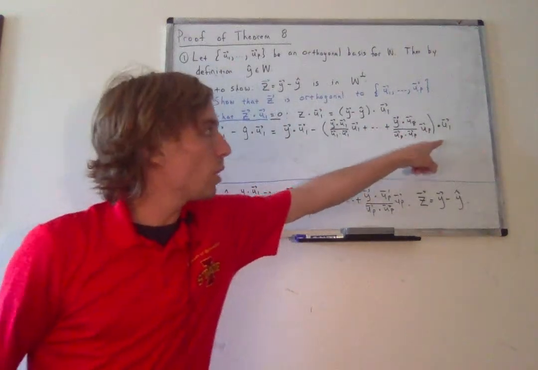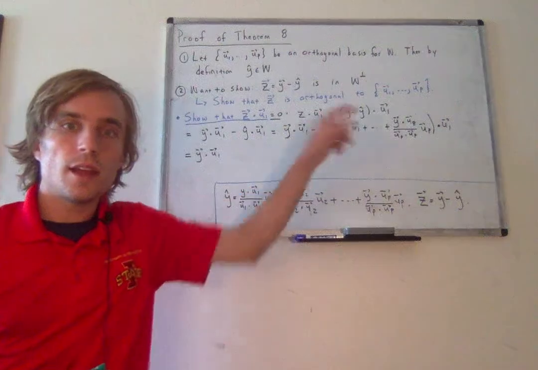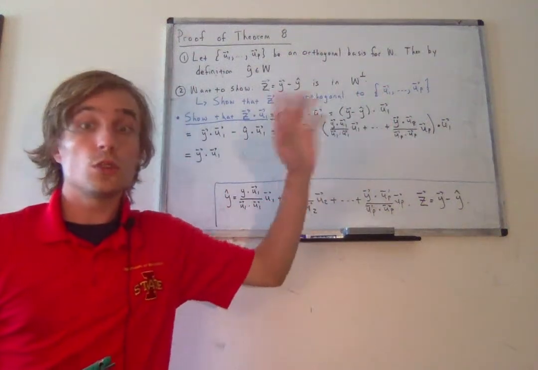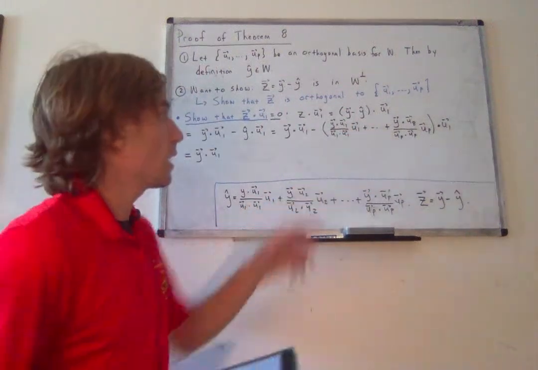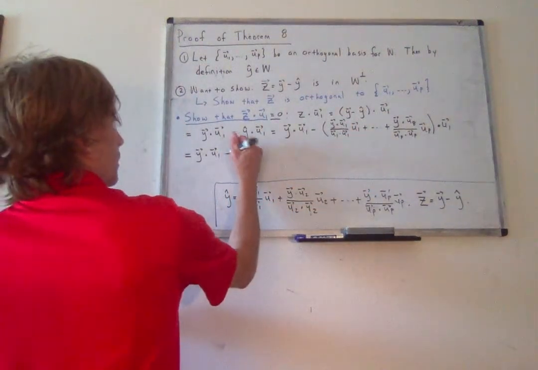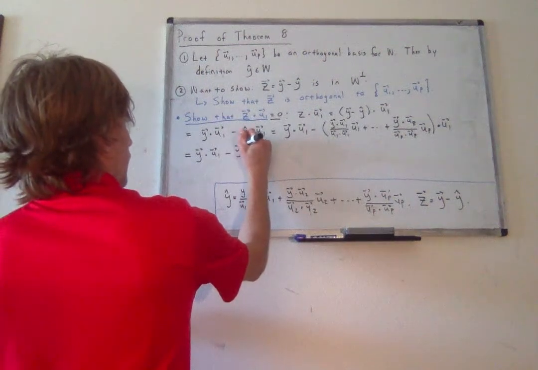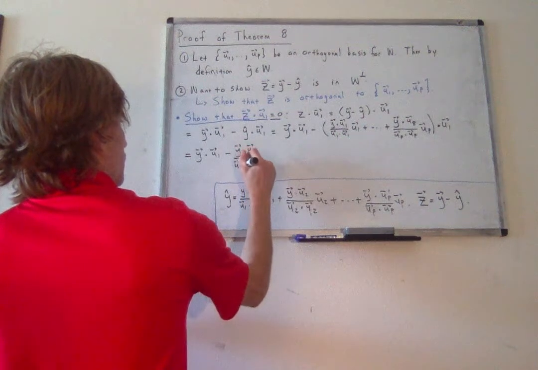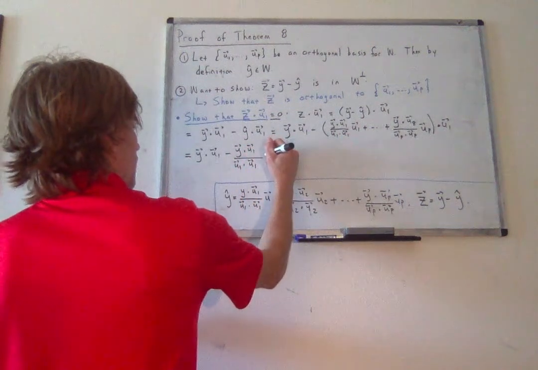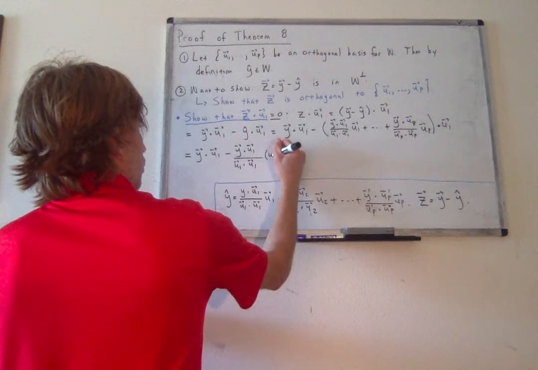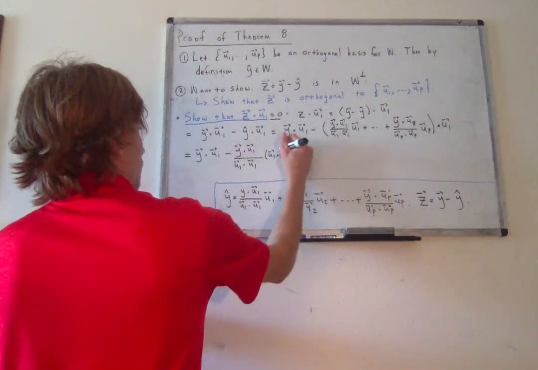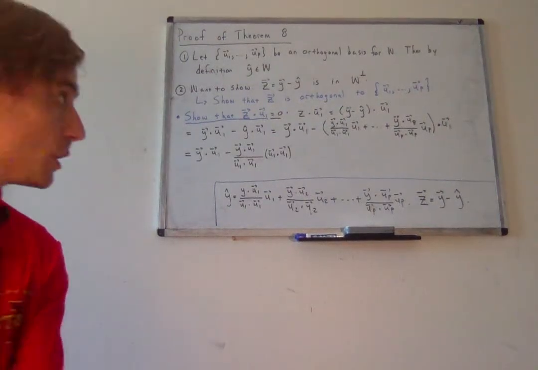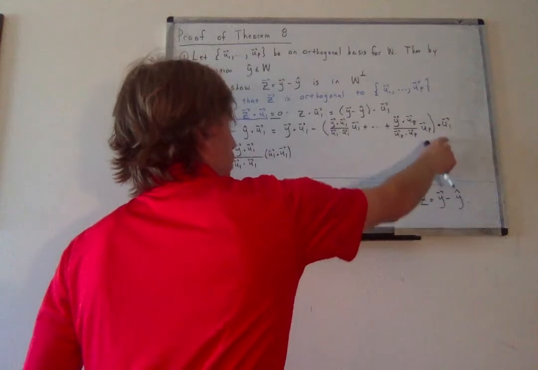So when I distribute u1 through each of these terms, the dot product of u1 with every vector u2 through up is going to be 0, and I'm only left with the single term y dot u1 over u1 dot u1 times u1 dot u1.